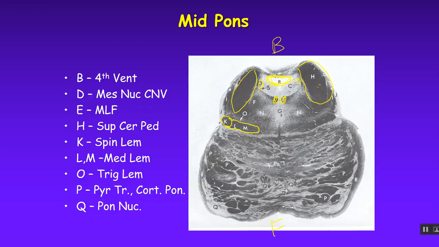And they go over to meet the spinal lemniscus as it's progressing up and staying in that more lateral position. But now it's moving more posterior here. The spinal lemniscus has moved more posterior as it comes up, and the medial lemniscus has moved from an anterior-posterior direction to more of a medial lateral arrangement and moved more laterally out to meet it. So that is the medial lemniscus and the spinal lemniscus, that are now right next to each other.